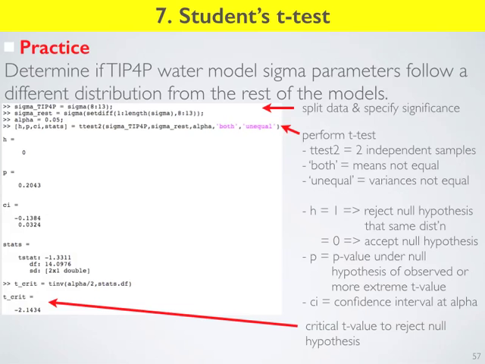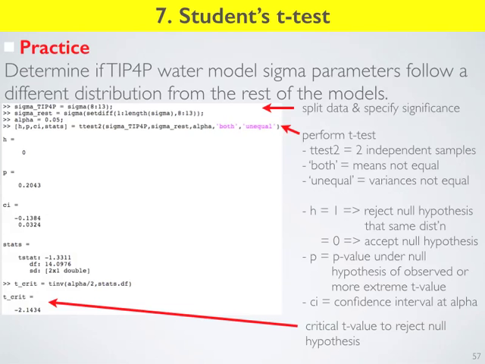The value of the test statistic that MATLAB computed, this T value that we saw in the last slide, the probability that we would see that value just by chance if the null hypothesis was satisfied, if the data really were drawn from the same distribution, is 20.43%. That's a high probability. So that means that there's a 20% chance that this value of the test statistic could have arisen just randomly.